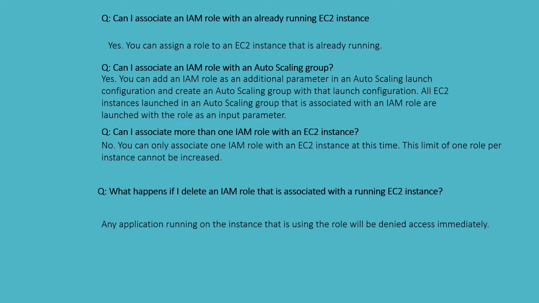All EC2 instances launched by the auto scaling group that are associated with IAM roles are launched with the role as an input parameter. Can I associate more than one IAM role with EC2? No, you can only associate one role with an EC2 instance at a time. This limit of one role per instance cannot be increased. What happens if I delete my role associated with running EC2 instances? Any application running on instances that is using that role will be denied access immediately.